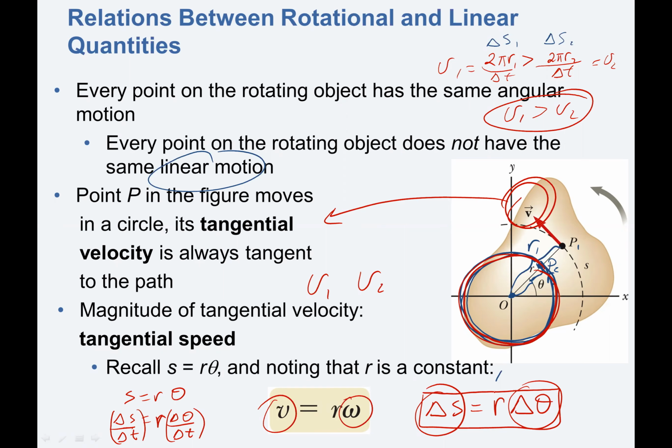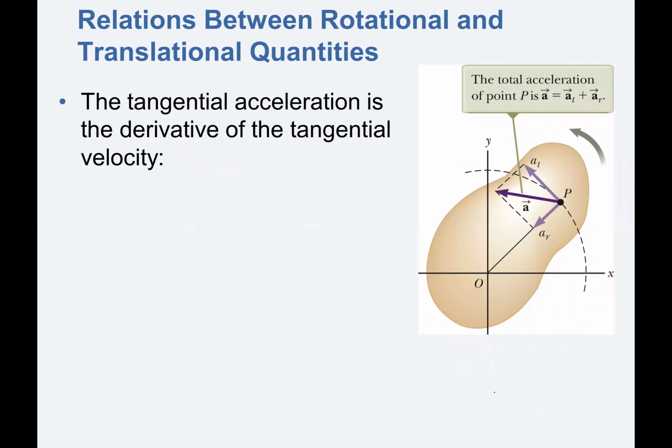All right, so in the same way we can talk about acceleration, because remember, if there's a change in speed, or change in velocity, there's acceleration. But also this particle undergoes circular motion. That means there has to be radial or centripetal acceleration. And you now have the possibility of two types of linear acceleration.